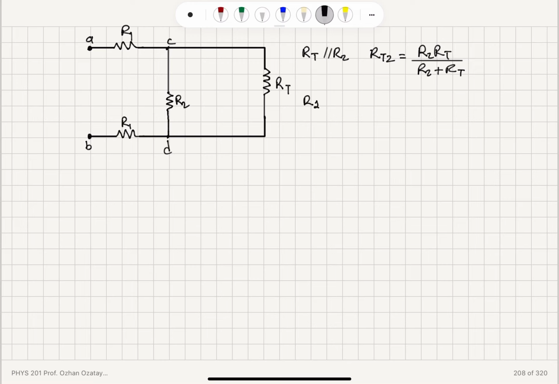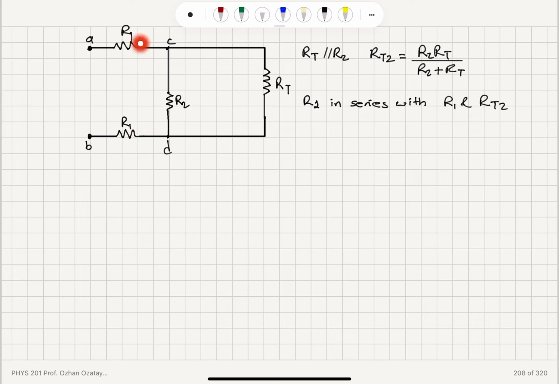Now R1 is in series connection with another R1 and RT2. So this has been replaced with RT2.